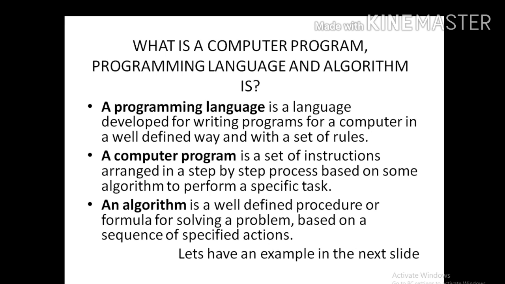That is only a programming language. The definition is: a programming language is a language developed for writing programs for a computer in a well-defined way and with a set of rules.